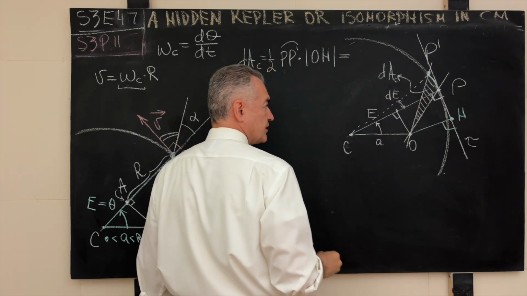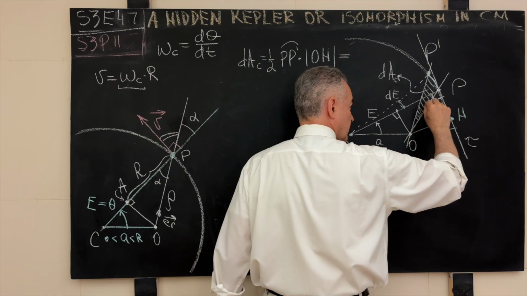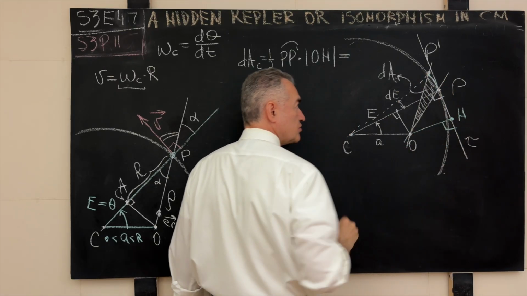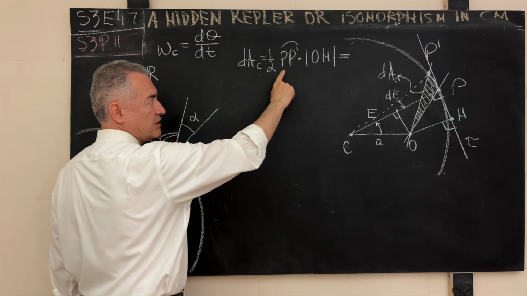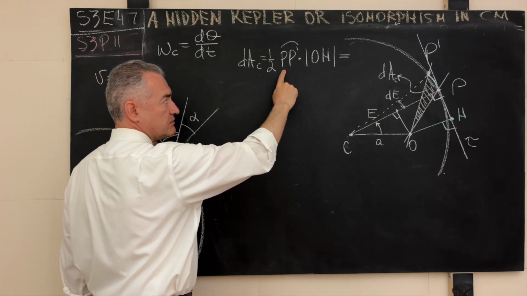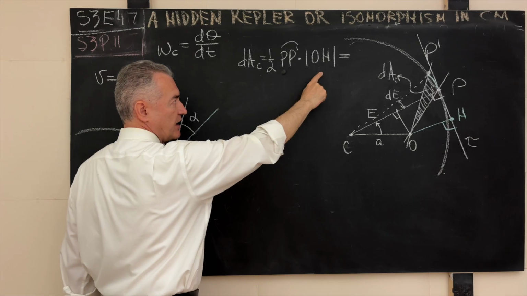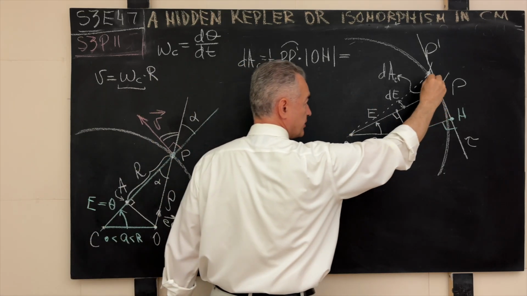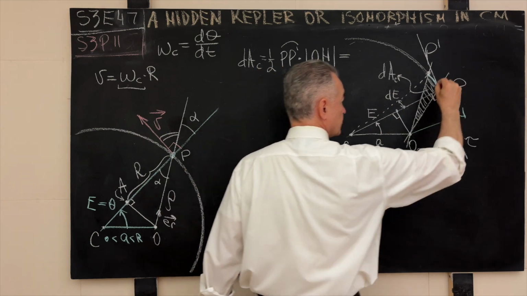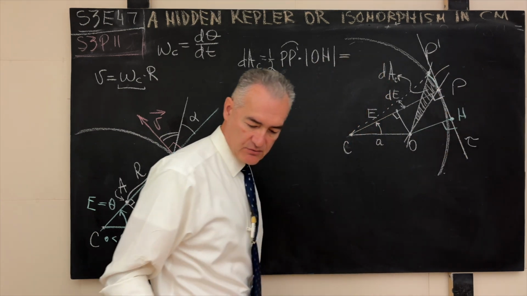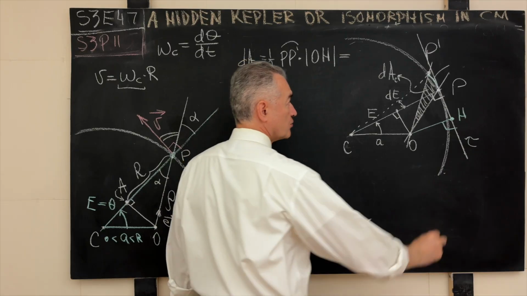So now what is the area of this elementary little triangle? We treat it as a triangle. Well, traditionally, this is a basic formula, half the product of the base and the height. What is the base? The base we take to be the circular arc PP prime, infinitesimally small. This guy, let me write it down in blue so you see the association.